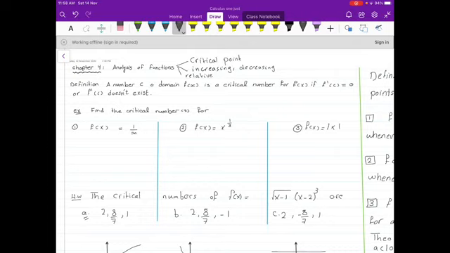So our aim in this lecture is to define three concepts: what we mean by a critical point, increasing, decreasing function, and the relative max and min.